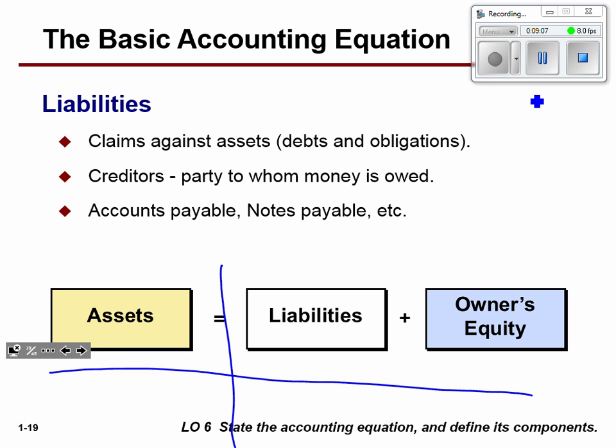So when you owe someone money, right now I owe my mortgage company about $240,000 or whatever the numbers really shake out to be. So I owe them money. They are making my worth go down because I'm sitting here in a $250,000 house but owe $240,000 on it. I owe that money. I have to make my monthly mortgage payment, and every month it goes down a little bit on what I owe them.